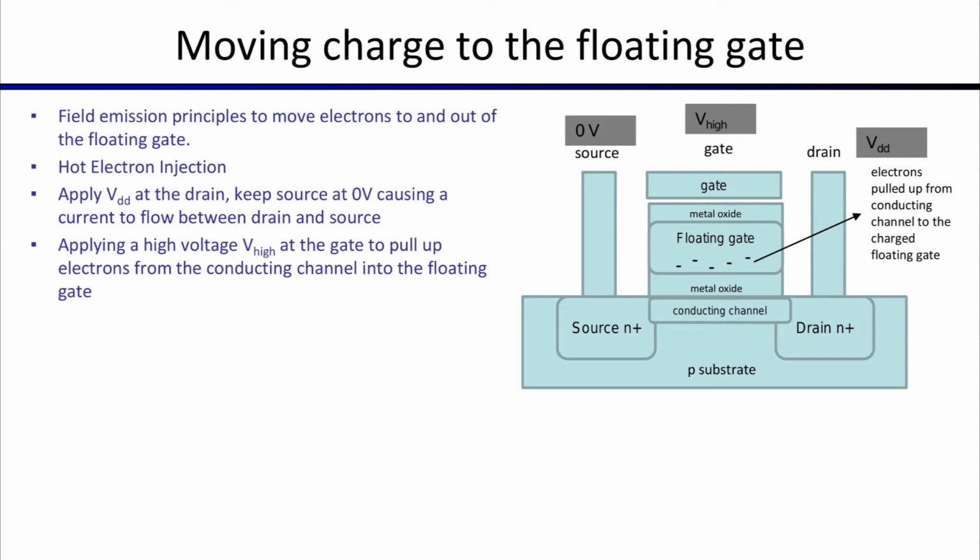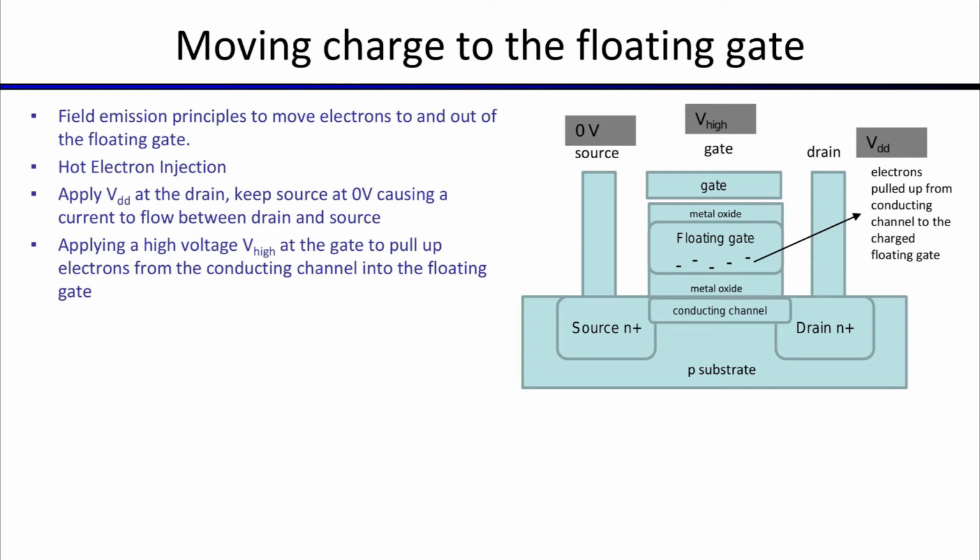And when the electrons are flowing and a high voltage is applied at the gate high enough, the electrons are going to move from the conducting channel up into the floating gate. And they move there, and then you can preserve them there. So that is how you can charge a floating gate through the use of a special high level of voltage and using the process of hot electron injection.